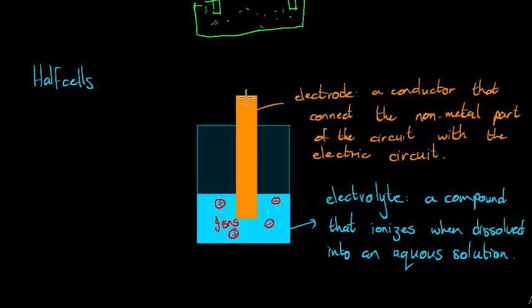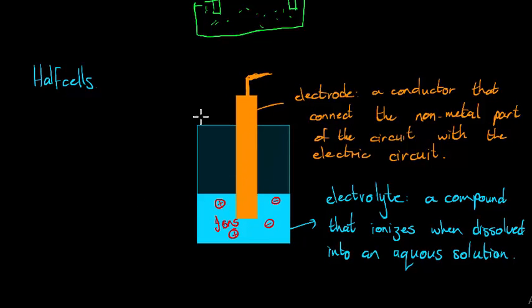In other words, there is going to be a wire connected to this that forms a complete circuit, and this electrode is a conductive material that connects the electrolyte with the wiring in the outside of the circuit.